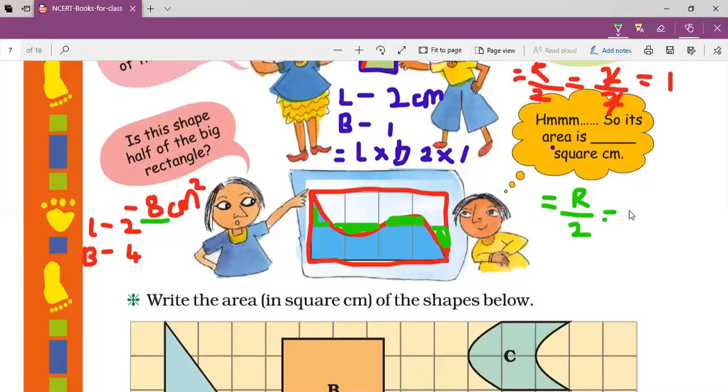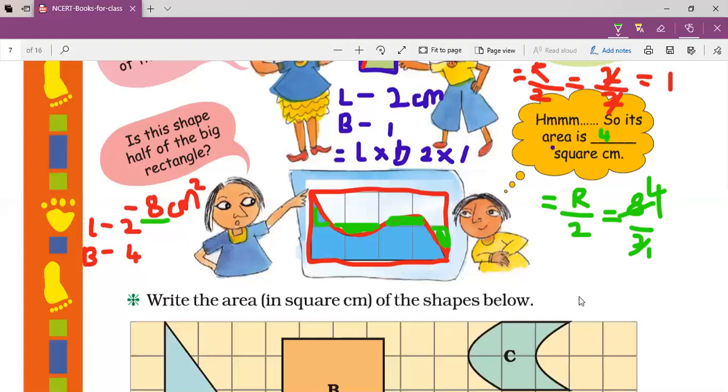We'll get 4. 8 divided by 2: in the 2's table, what comes for 8? 2 ones are 2, 2 fours are 8. So what answer will we get? 4 square centimeters. Understood how we find the area of this picture?